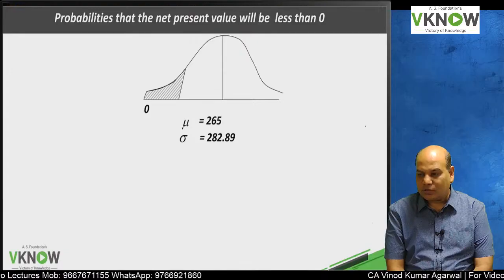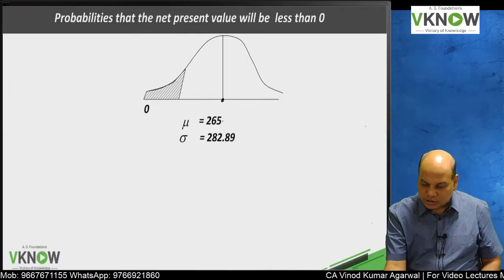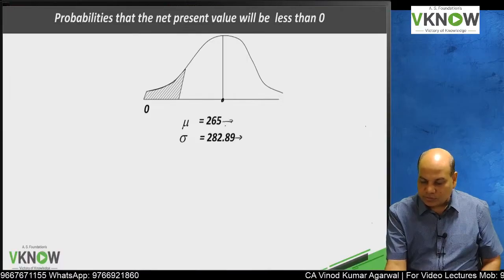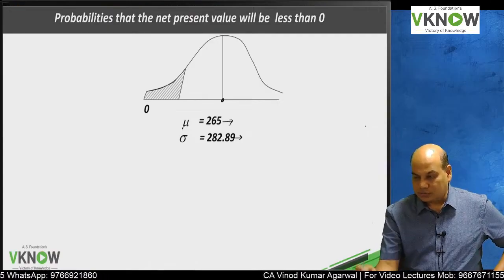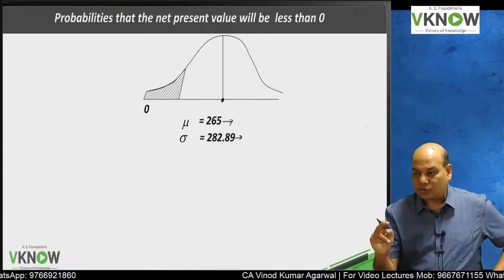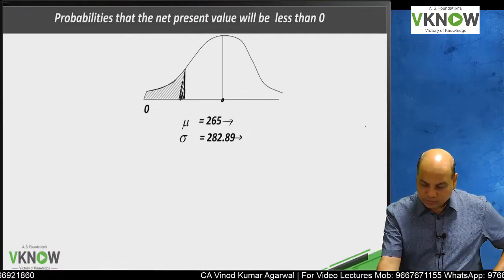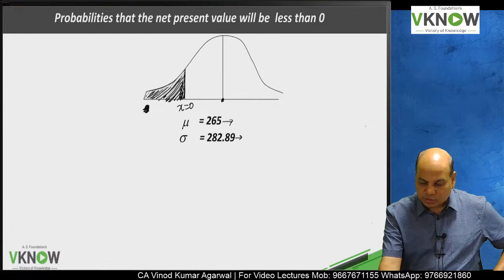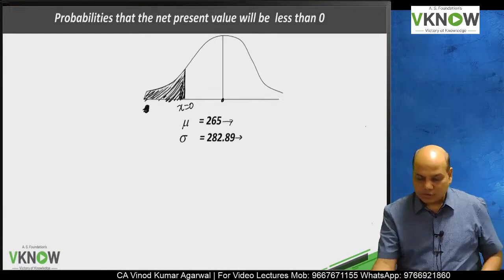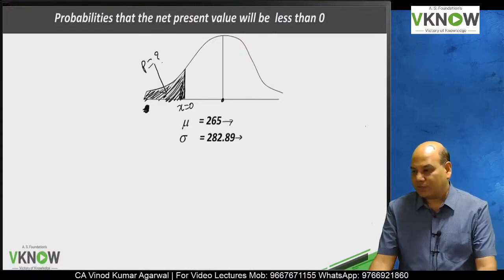In the center write down mu equal to 265, standard deviation is 282.89, and you require less than 0. You want the probability of this area.